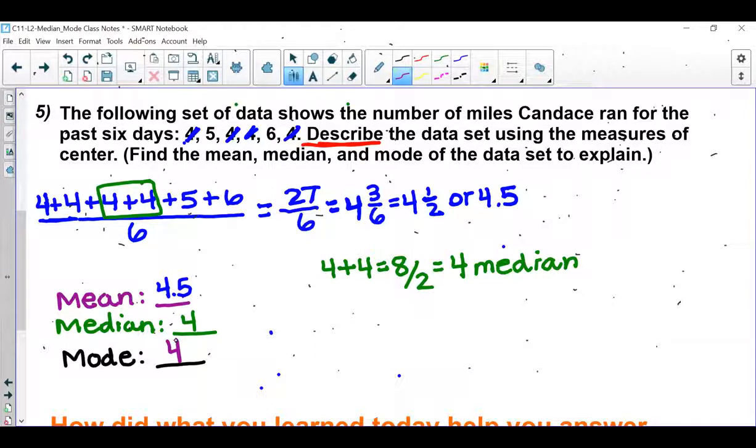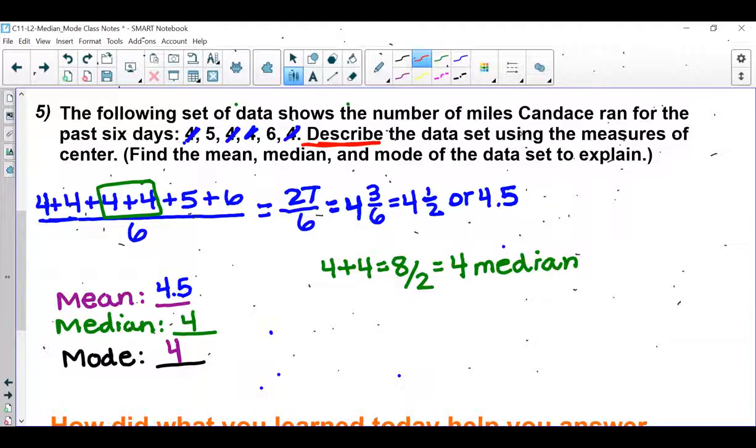Okay, remember what we just did in number 4. Let's compare the mean to the median, because it says describe the data set using the measures of center. So we're going to focus on the median, the measure of center.